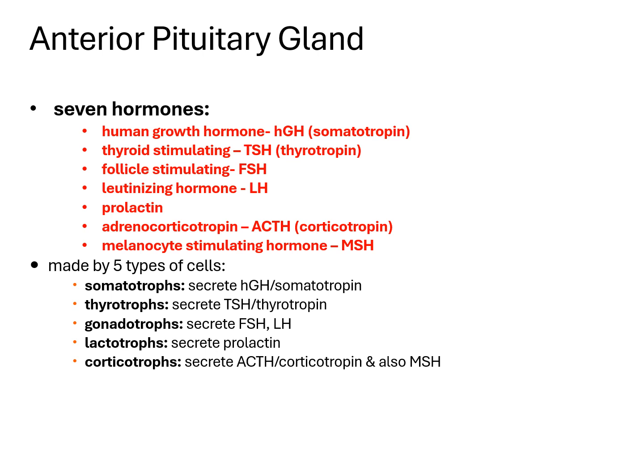The gonadotrophs make the 2 gonadotropins, FSH and LH. Lactotrophs make prolactin, and the corticotrophs secrete ACTH, or what you can call corticotropin, plus they also secrete and release melanocyte stimulating hormone. Now notice, the cells end in the word troph. The hormones end in the word tropin.